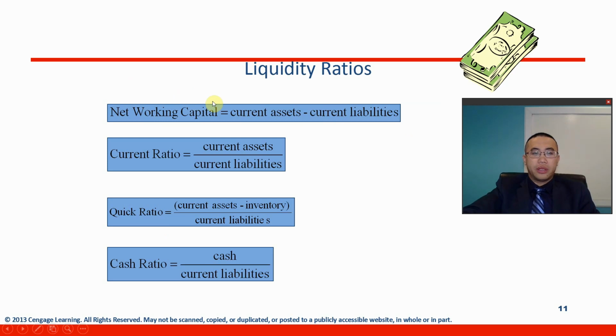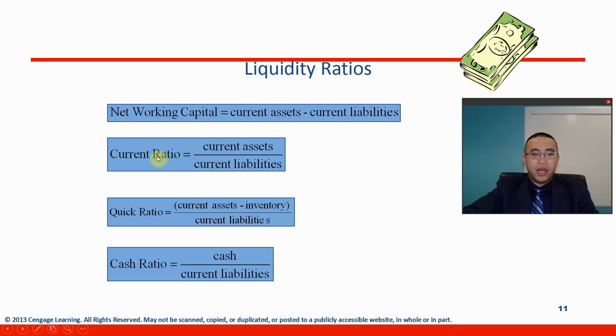If you compare net working capital of a big firm versus a smaller firm, it's not really an apples to apples comparison, because for big firms, the net working capital could be in billions of dollars, and for small firms, it could be thousands of dollars.